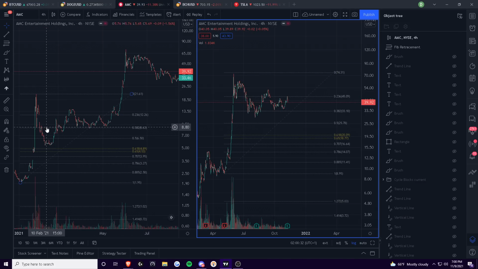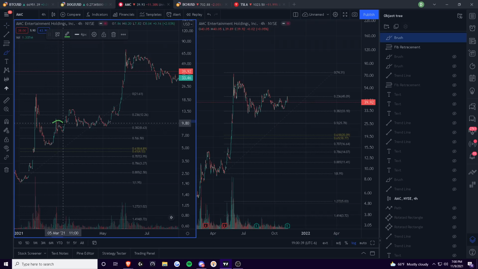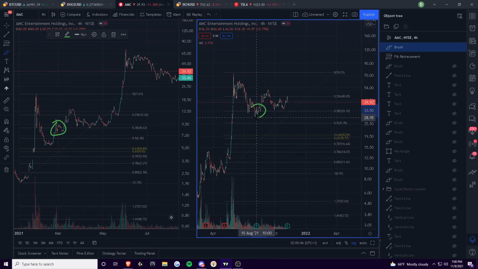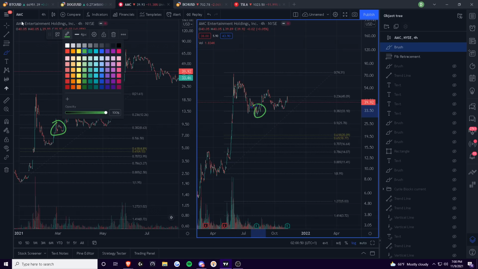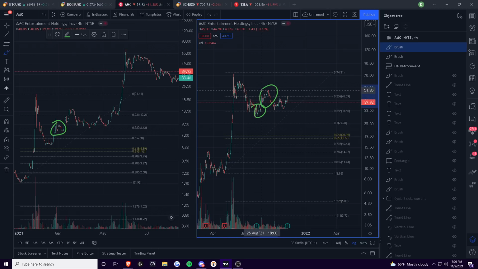From this perspective, you have pretty similar support zones here, right? And then you have one basically here. Then, oh wait, hold on, it's gonna here.